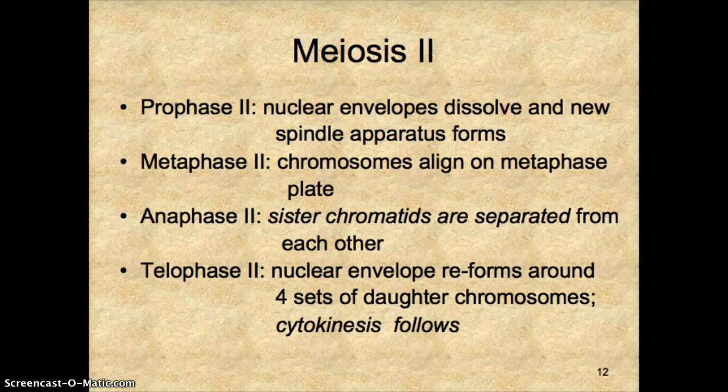When telophase 2 is over, you have 4 sets of daughter cells, each with their own set of chromosomes. After telophase 2, we'll go through cytokinesis, and we'll have 4 individual haploid cells.